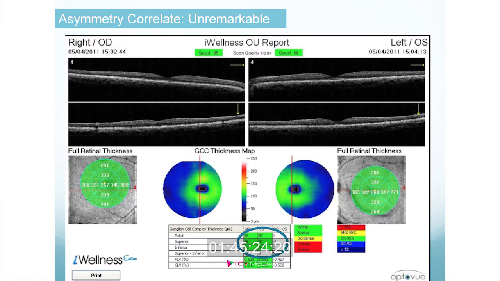So let's compare the eyes. Here's a patient that has a normal printout, and essentially there shouldn't be any asymmetry on the OCT because both eyes are normal. But if the patient had a unilateral problem, perhaps we may pick up something on the asymmetry correlate. So it's always nice to be able to compare right to left and vice versa.